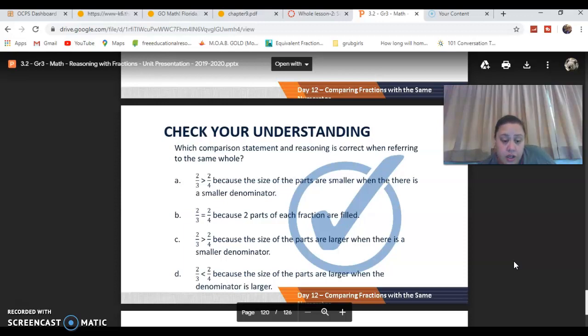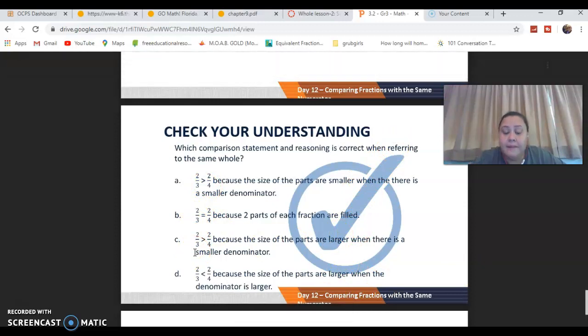D: 2/3 is less than 2/4. So before we read the rest of the number sentences, I want to look at the first part. That's a testing strategy. We know B is not going to be correct from the get-go because they have different denominators. They are not going to be equal. So now we're deciding, is 2/3 greater than, is 2/3 less than, and then we can go on further.